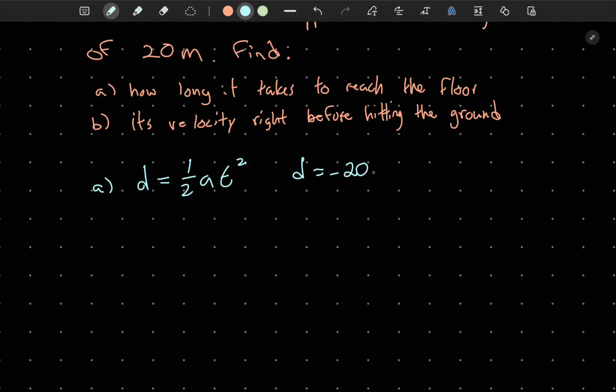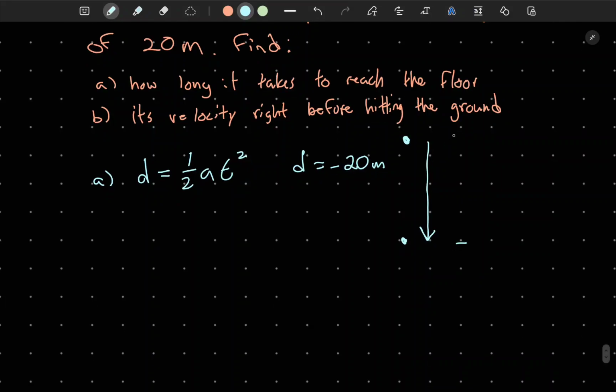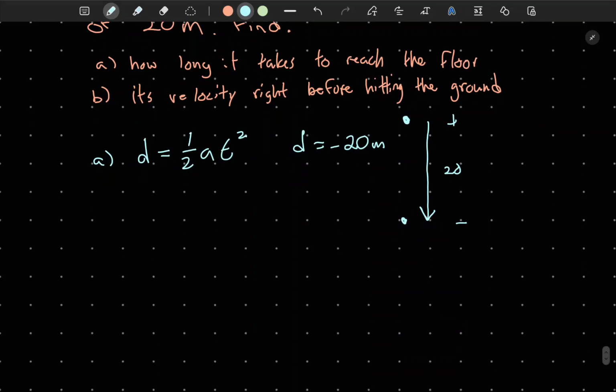It's negative 20 meters, and it's not 20 meters, remember, because it's falling downwards. So its original position is here, and if I'm calling downwards negative, it drops by 20 meters. So it's negative 20. And we're also given acceleration to be 9.8 meters per second squared. But there's a caveat. It has a negative in front of it. Thankfully, these two negatives are on opposite sides of the equation, so we can just cancel them out.